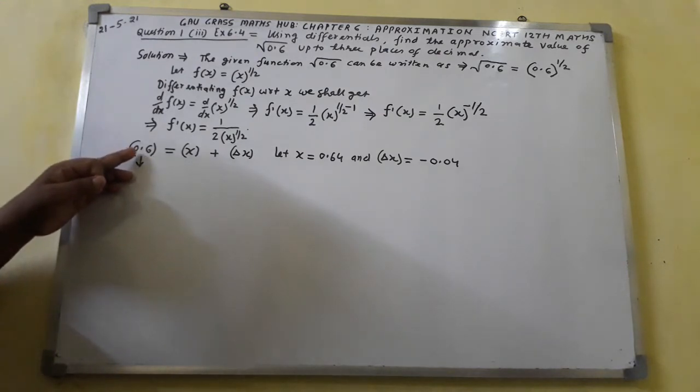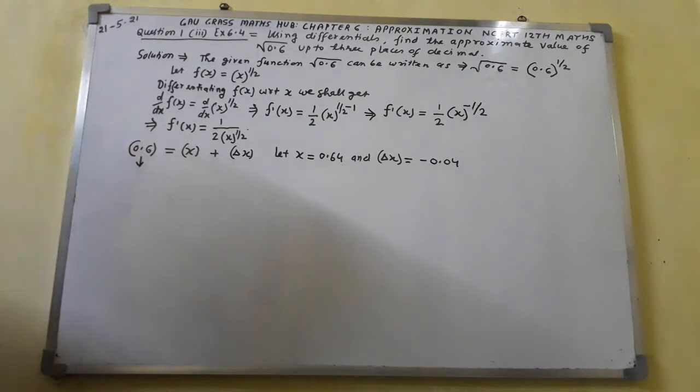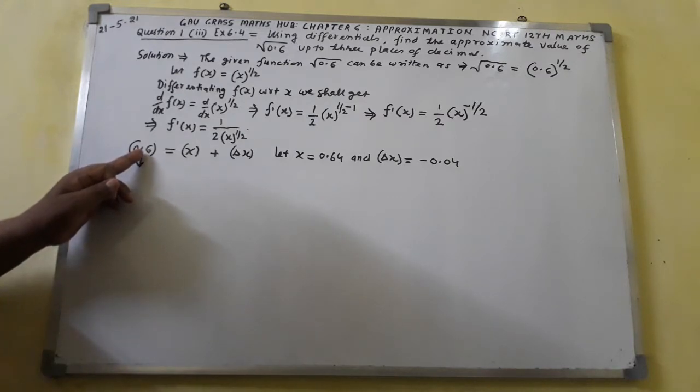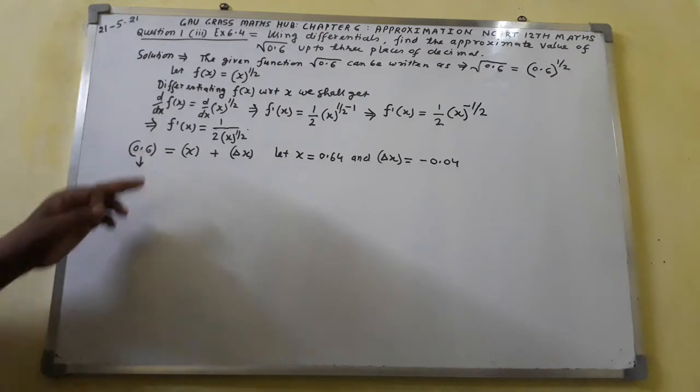So the digit before the point is 0. The 0 can't be altered, or renamed with any other number. Now think over the digits after decimal. So after decimal, the digit 6 is available. The 6 can't be a whole square of any number. 0.6 can't be the whole square of any number.